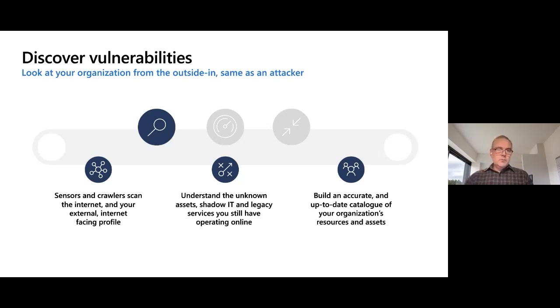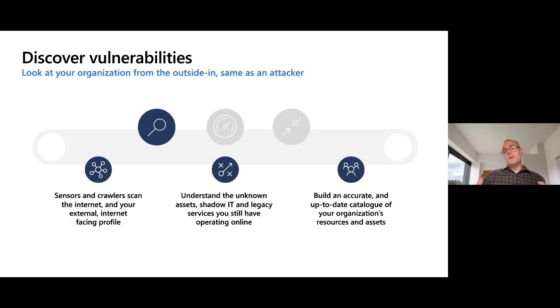And we get to understand these unknown assets and services that may still be online, because we can discreetly link assets together in many different ways. It might just be through DNS, it might be through whois information, but it could be things such as SOA records, or it could be shared SSL certs, or a number of different things.